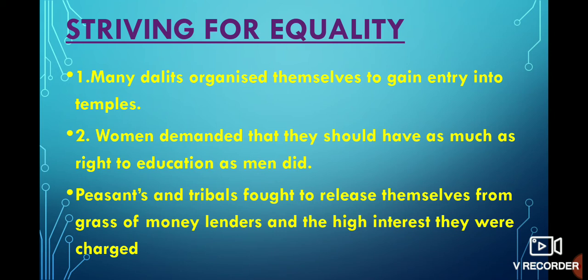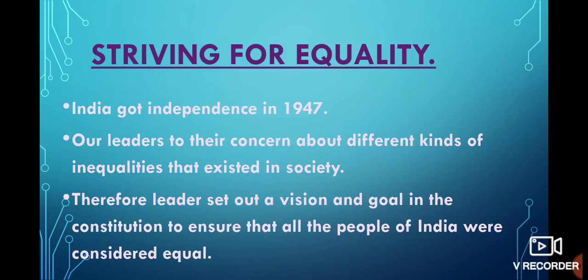Peasants and tribals fought to release themselves from the grip of moneylenders and the high interest they were charged. Peasants, the poor farmers working in the farms, also started fighting for their rights, refusing to pay the high interest charged by the zamindars or moneylenders.